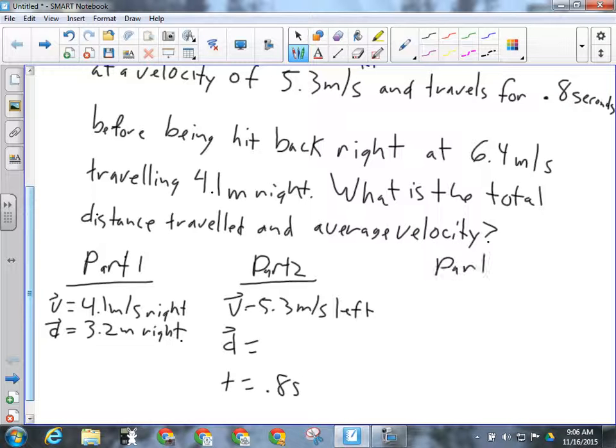Okay, and then for part 3, we're told that it's hit back to the right at 6.4 meters per second. So probably smashed, okay, so it's moving really fast, and traveling 4.1 meters to the right.